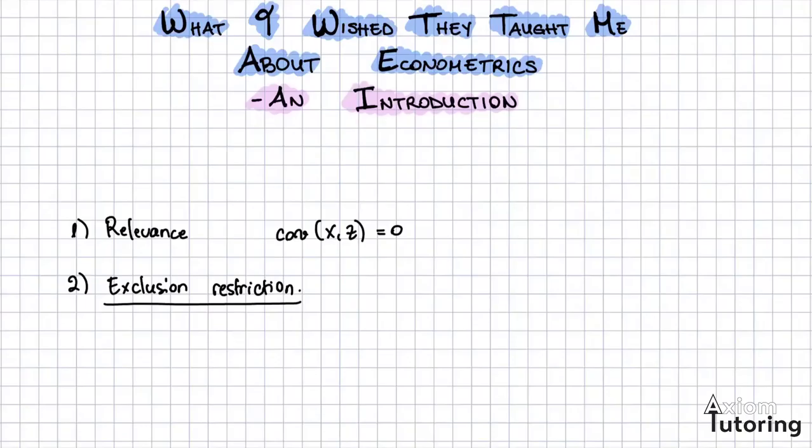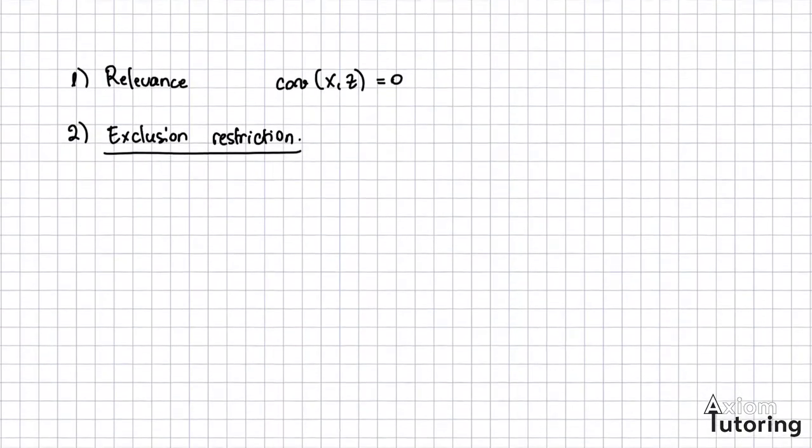A valid instrument needs more than the relevance. If we go back to our diagram, we have a Z which affects X, which in turn affects the Y. So far we've only required that Z is affecting the X. But what if Z also affects the Y directly, or maybe through a channel that has nothing to do with X?